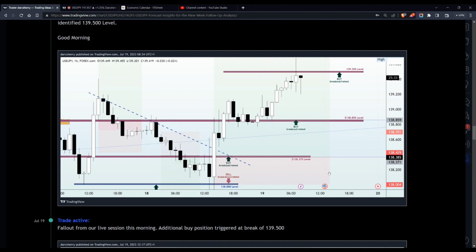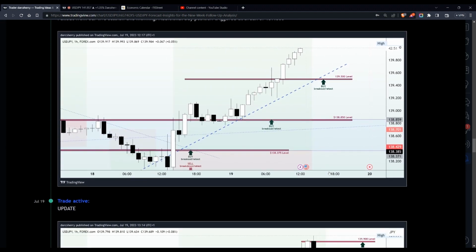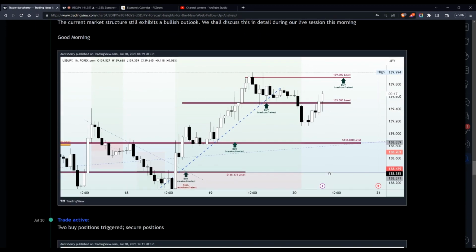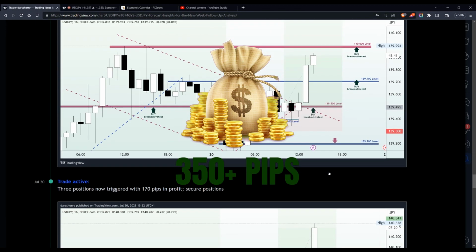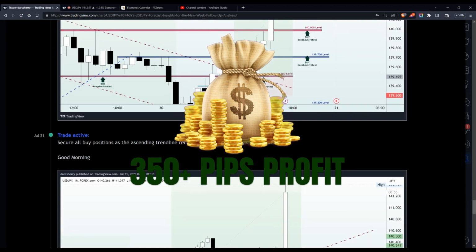It was at this moment we began to see the traction in that bullish momentum. And thank goodness we were able to move all the way to the upside as we scooped in over 350 pips on all the multiple entries we had here.